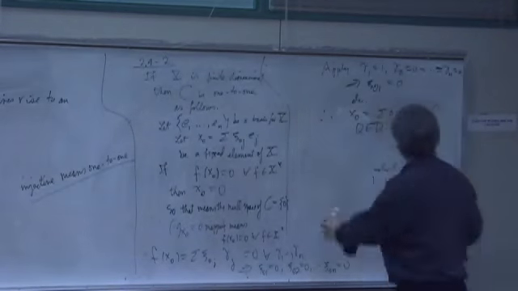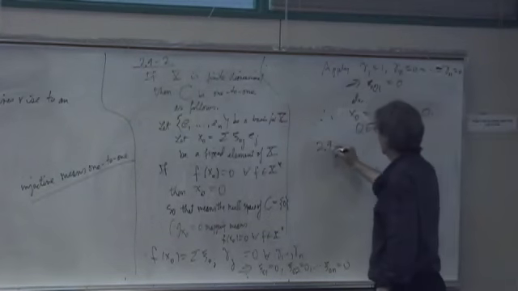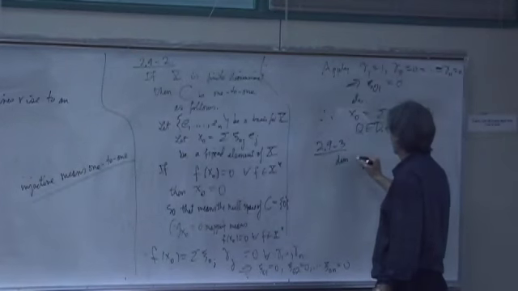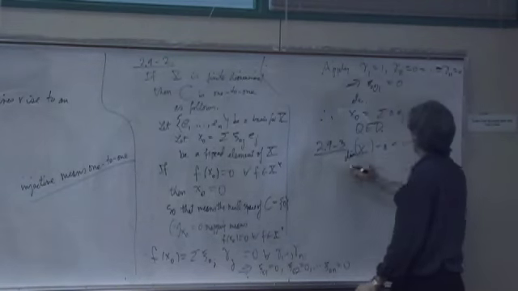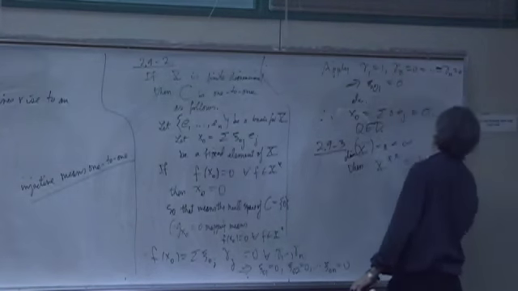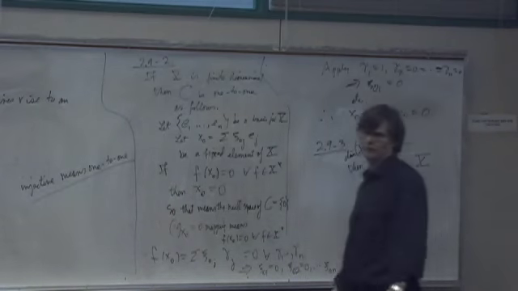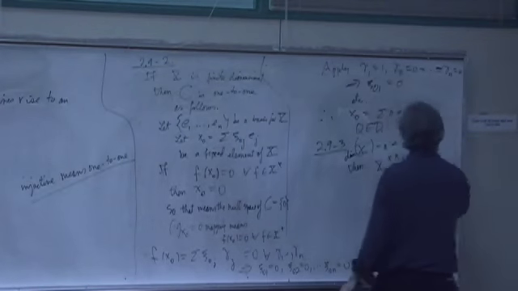So, what's the corollary of this? It's 2.9-3, and that's it for chapter 2.9. 2.9-3 gives that if the dimension of x equals n is finite, then the second dual is equal to x. So in other words, this mapping is onto. Or it's isomorphic, I guess is what we say.